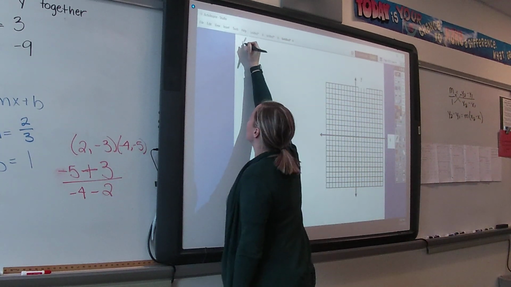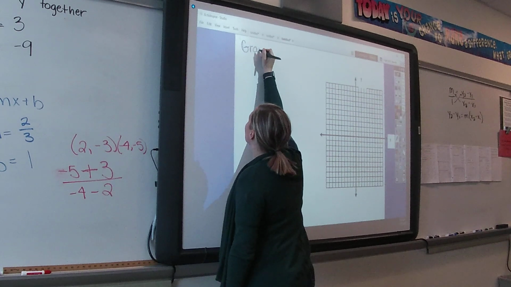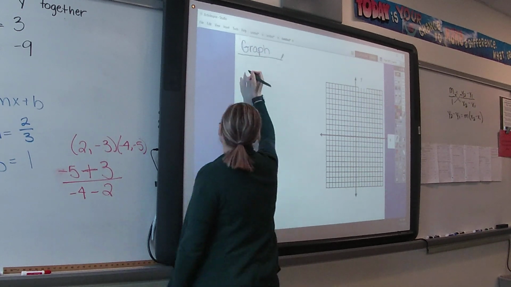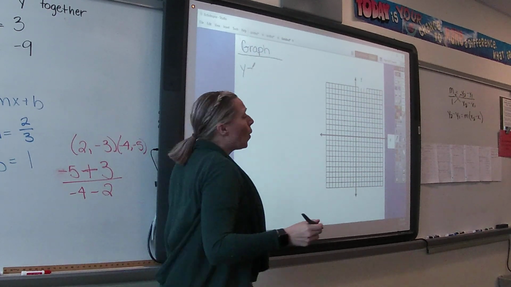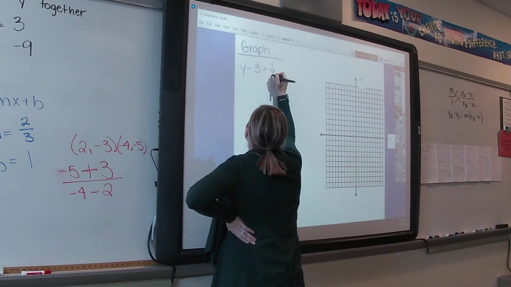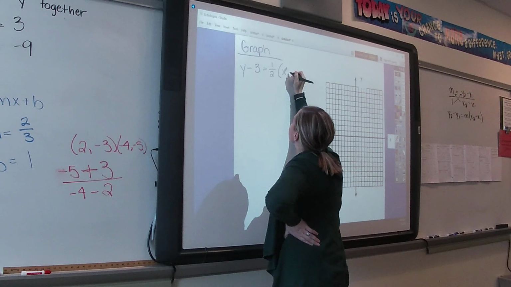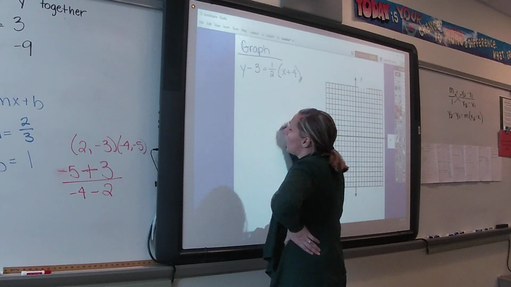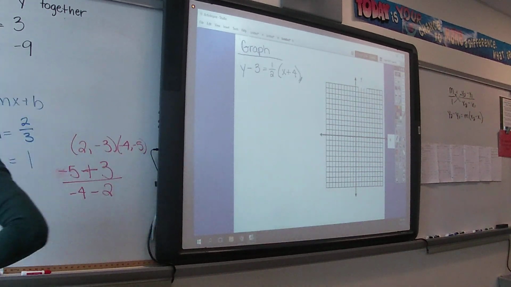Okay, so if we want to graph in point slope form, let's say we want to graph y minus 3 equals 1/2 times x plus 4.